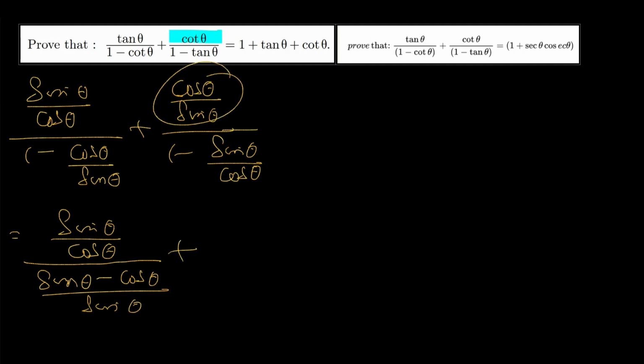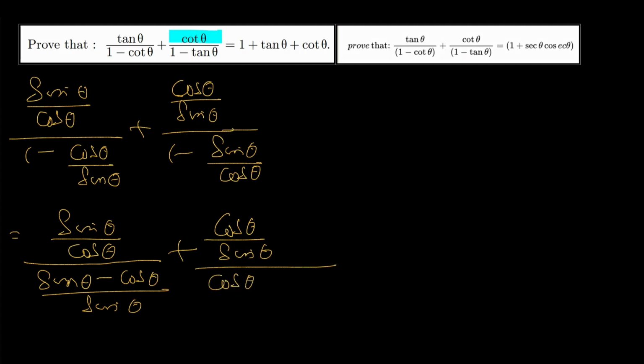This is cos over sine. And that whole divided by, if I take LCM over here, this will give you cos theta minus sine theta over cos theta.